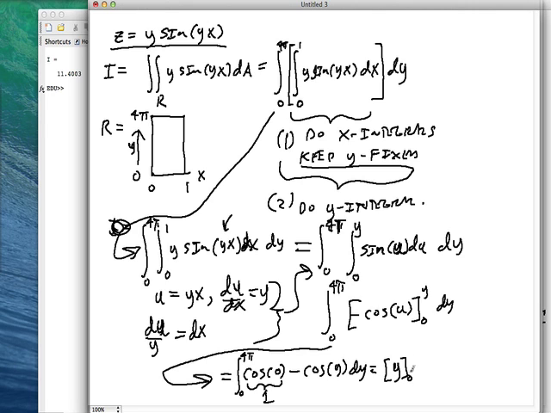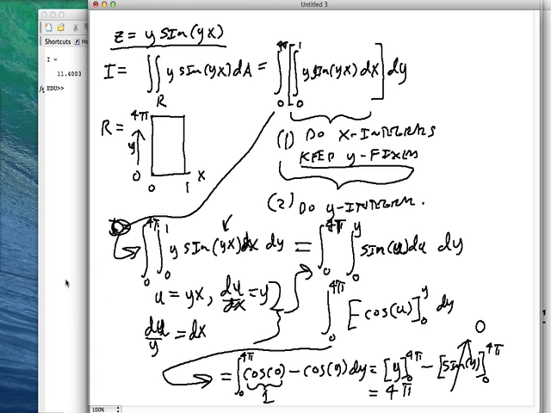We evaluate that from 0 to 4 pi, minus the antiderivative of cosine, which is sine y, also evaluated from 0 to 4 pi. This one goes away because sine is 0 at both 4 pi and at 0, and that leaves us with y. If we evaluate this, it's going to be 4 pi.